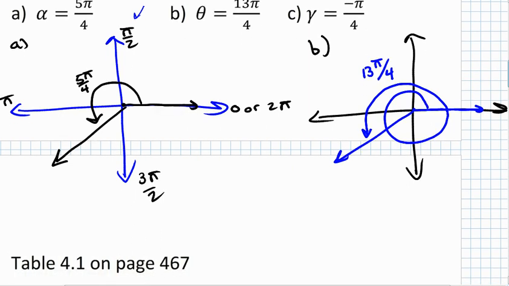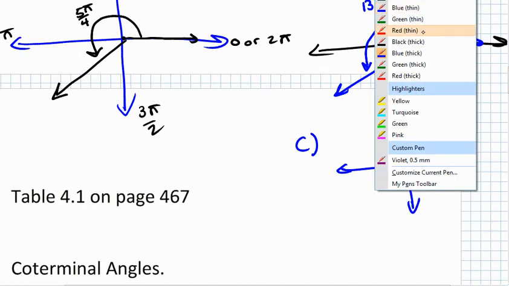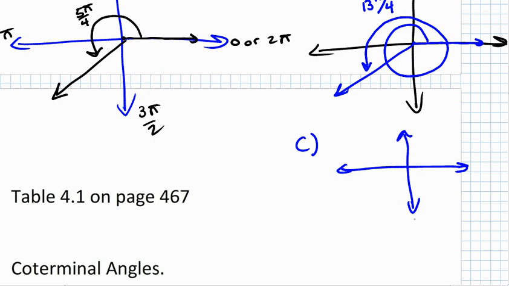C talks about an angle that's negative. So if we look here, remember, negative direction means that we go the other way, right? So if we're talking negative, this would be negative pi over 2, negative pi, negative 3 pi over 2, or negative 2 pi.